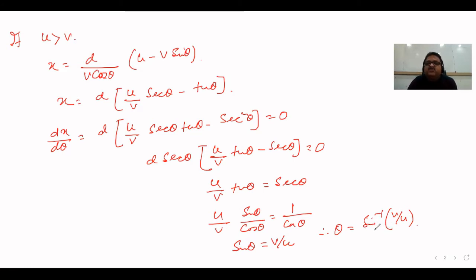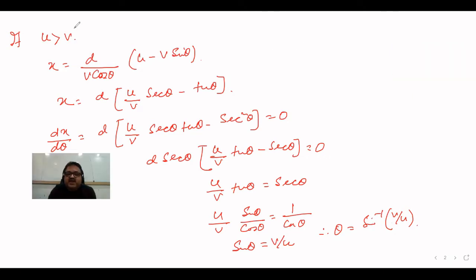And now I'm going to show you what the minimum value of the drift is. Okay? So when U is greater than V, the minimum value of drift is this. Look, theta is sin inverse of V by U, so sin theta is equal to V by U. Draw a triangle, a simple method. Take this as theta.